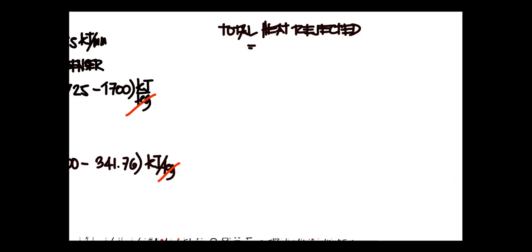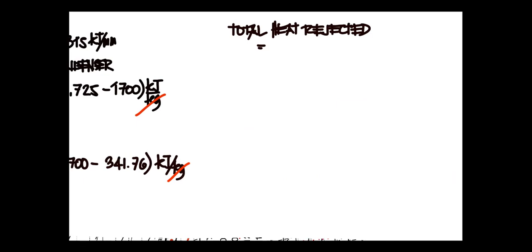Now for our total heat rejected, that will be the jacket cooling water, which is 186.315 kilojoule per minute. Then we shall be adding your pipeline from compressor to condenser, that will be 50.225 kilojoule per minute.